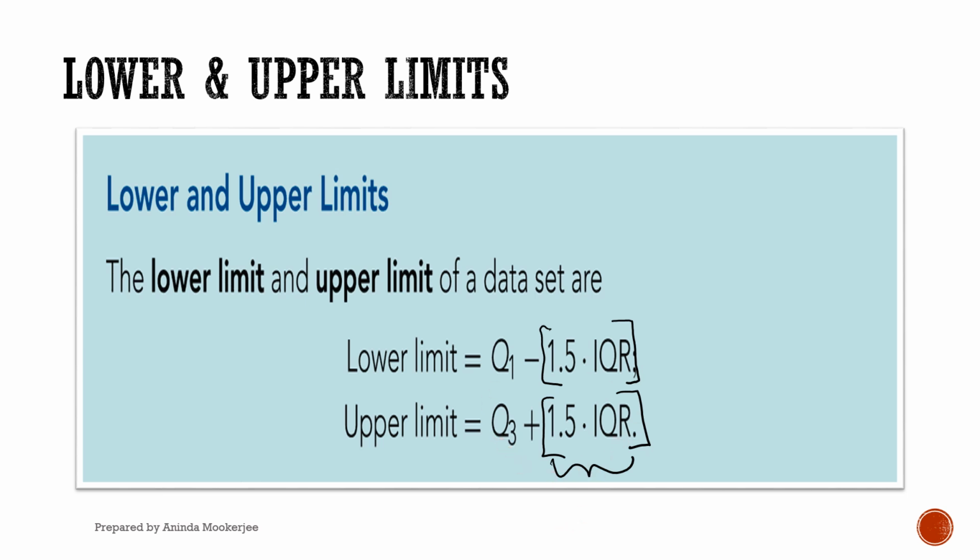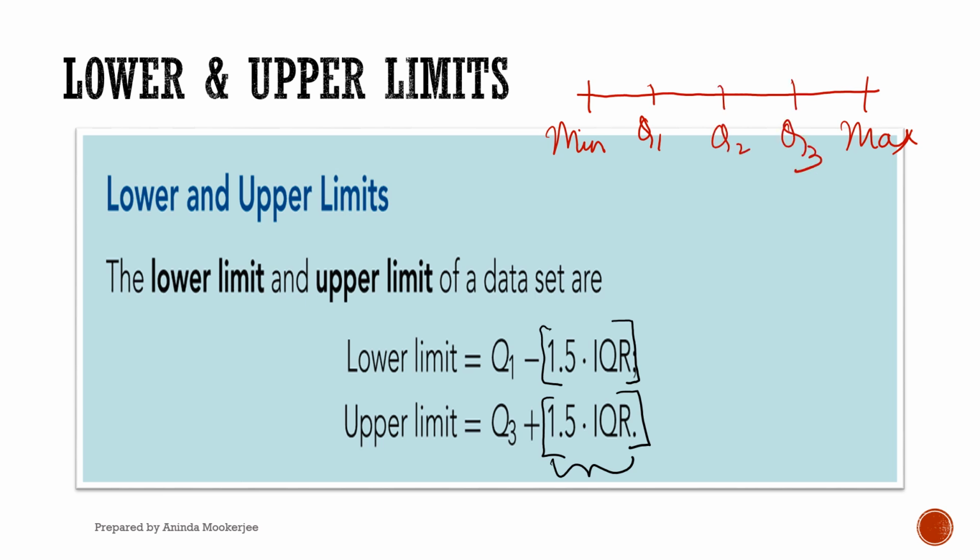All right, so let's say we have our data set here with the minimum value here, the maximum value on the extreme right side, and then we have our quartiles, quartile 1, quartile 2, and quartile 3.